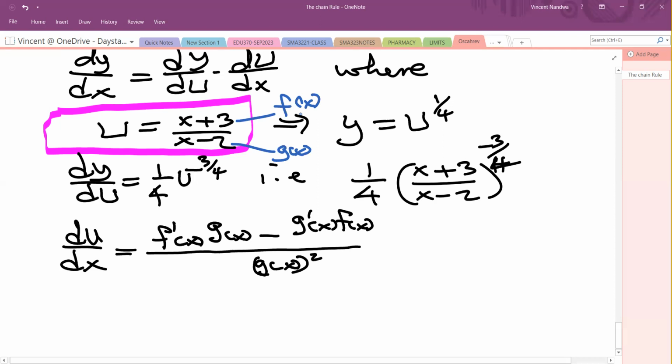So inamaanisha the F prime itatupatia ngapi? Ukidifferentiate x plus 3 unapata nini? Mimi sijui, mimi chenye naona tu ni x plus 3. That's what you want to get the derivative.